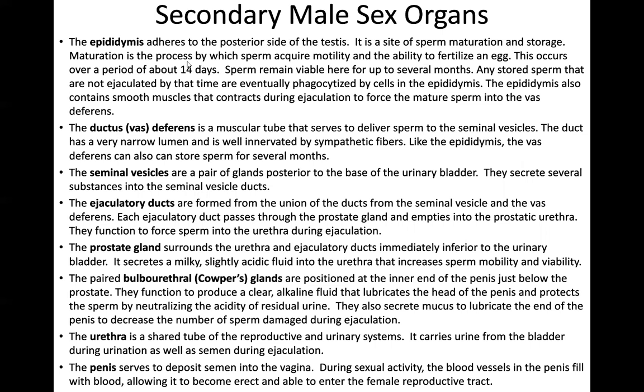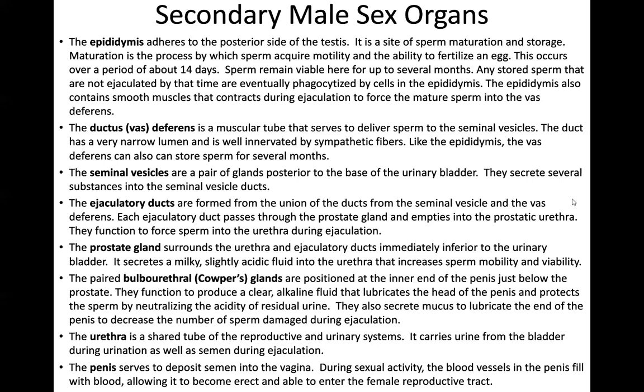This takes about 2 weeks, where they acquire this motility and ability to fertilize an egg. So about 14 days. But sperm can remain viable here for up to several months. Okay. And any sperm that are stored here and not ejaculated by that time are eventually phagocytized by cells in the epididymis. So they're chewed up and digested by probably macrophages that we've talked about before.